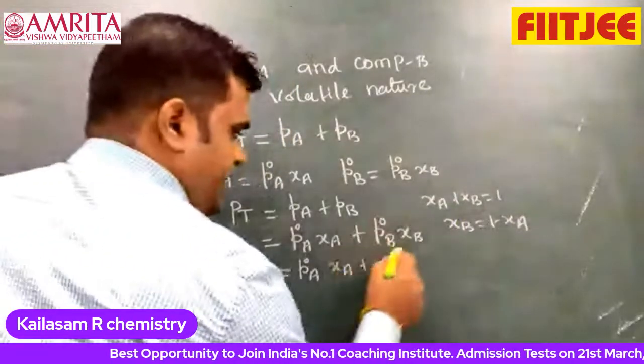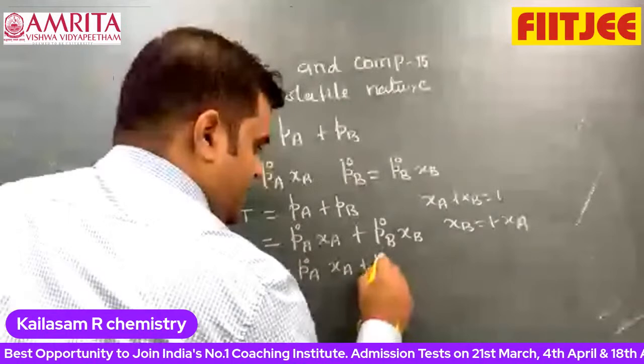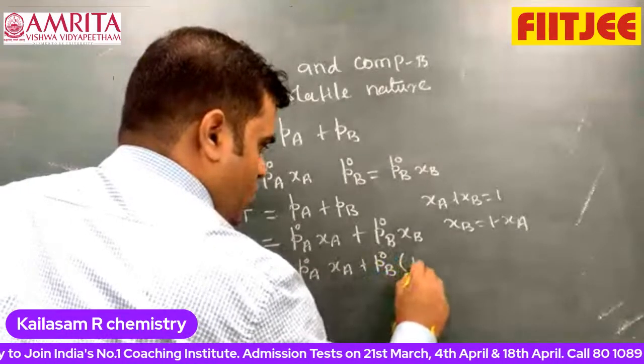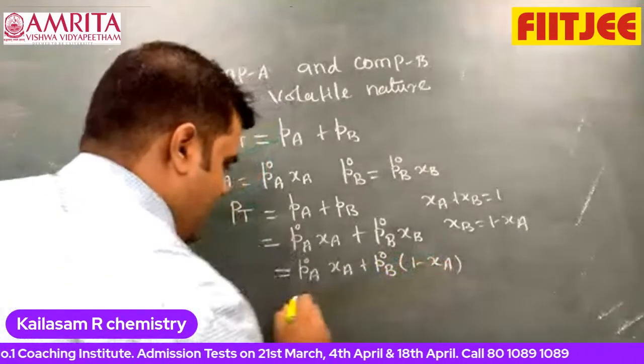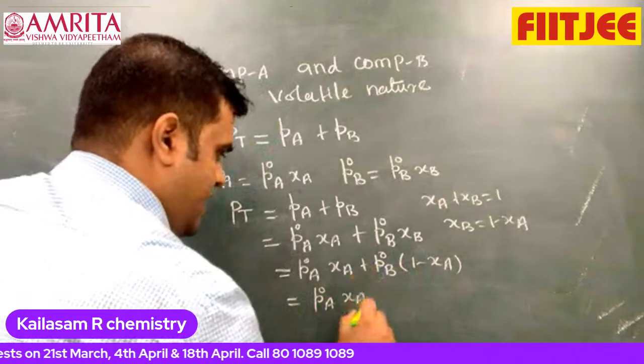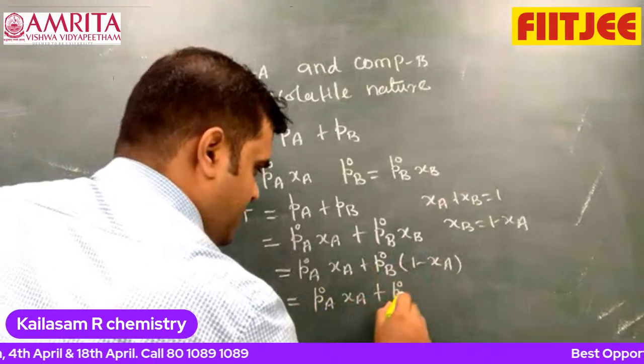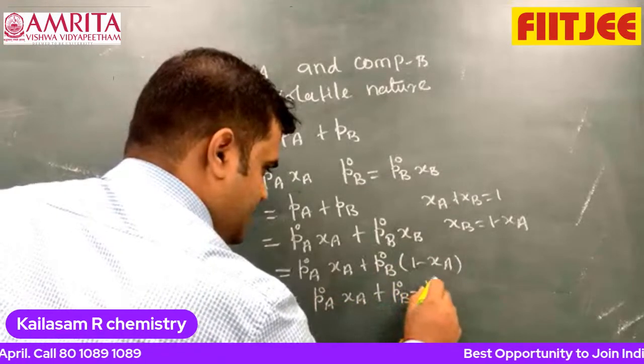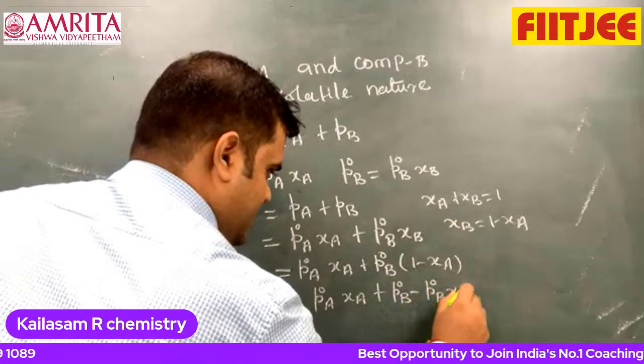Now substituting XB, I can take it as P naught A XA plus P naught B into 1 minus XA, which gives P naught A XA plus P naught B minus P naught B XA.